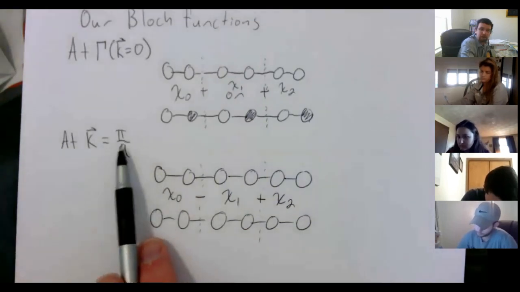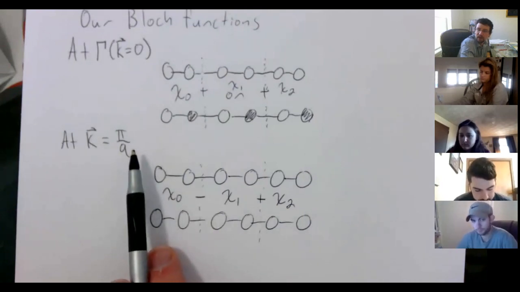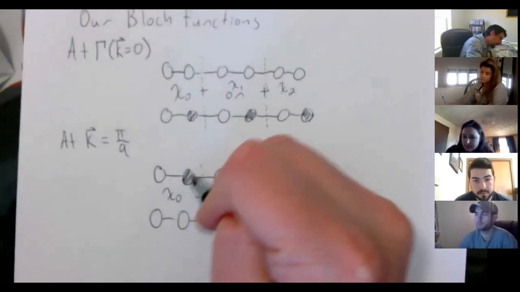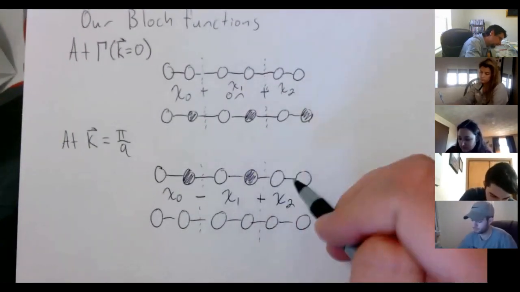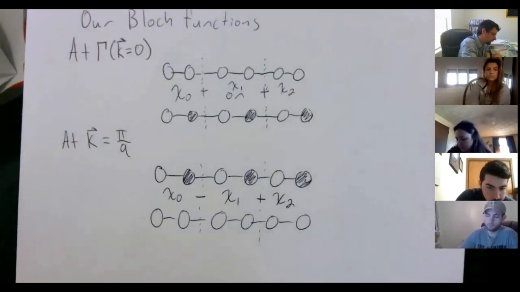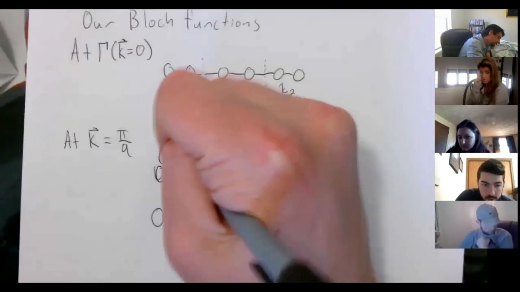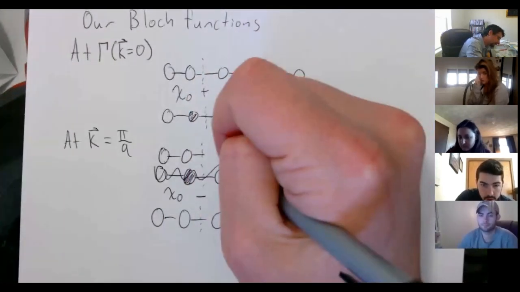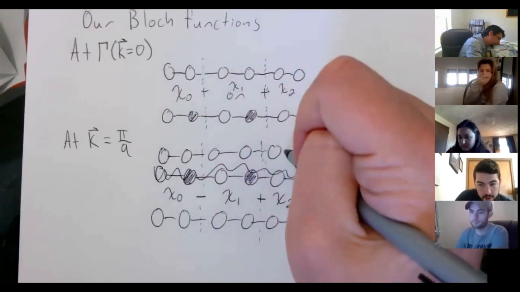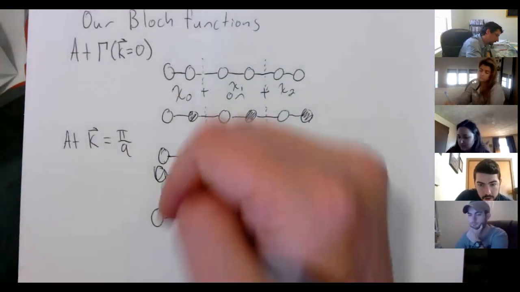Okay, so what did it look like at pi over a for the 1D system, where we just had a single hydrogen atom in the unit cell? Every other was colored in. Yep, so we're gonna have that one still. Oh, except that matches that one, my bad, we're not gonna have that. I'll redraw that. So that's not our option because we're just matching that, guys. We got to do a different one.